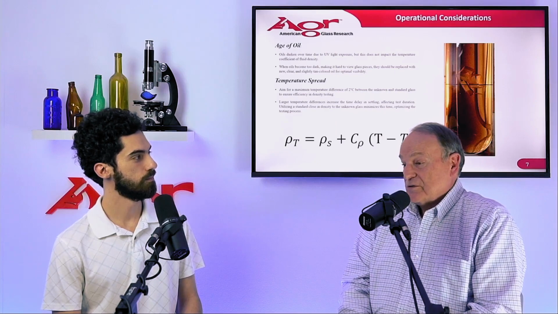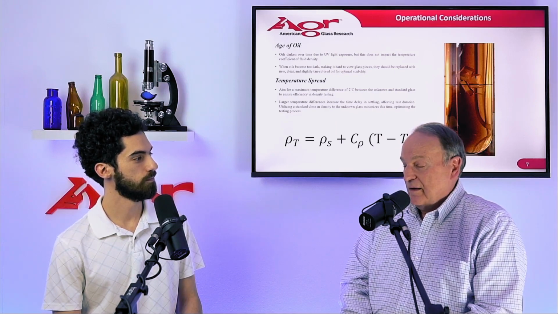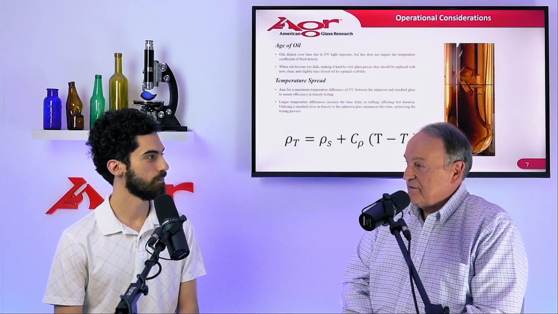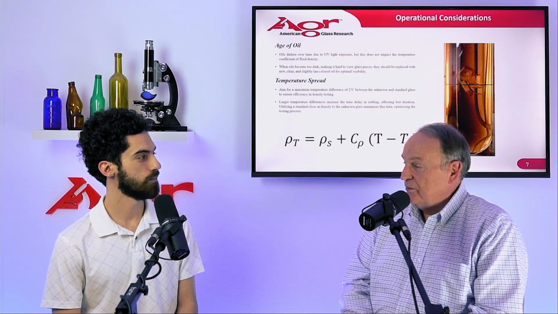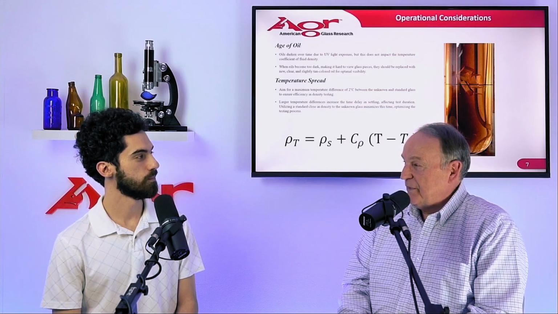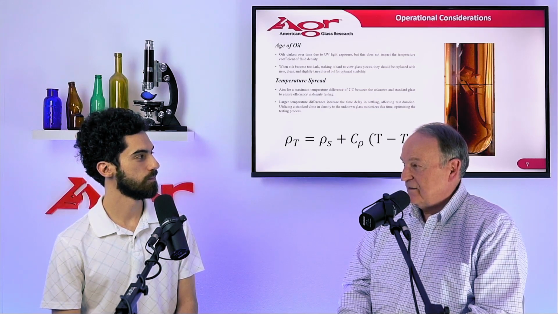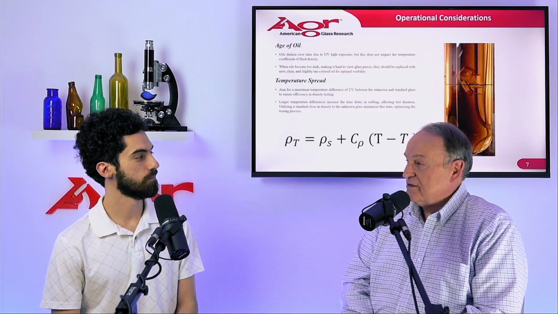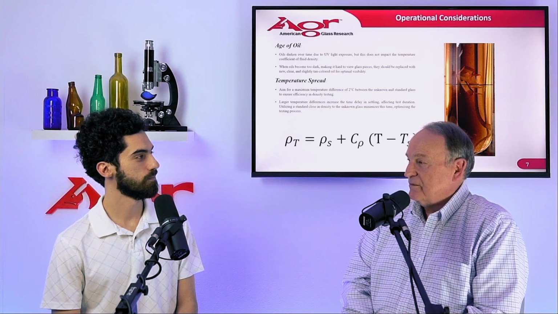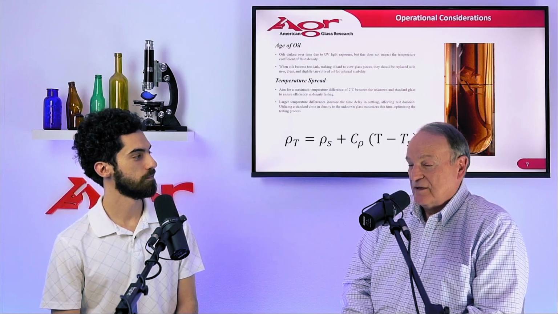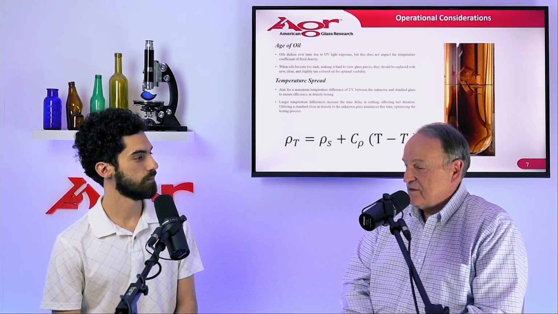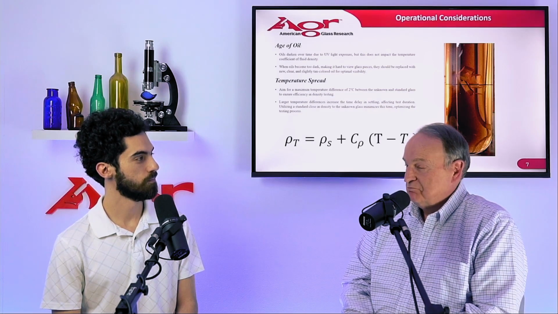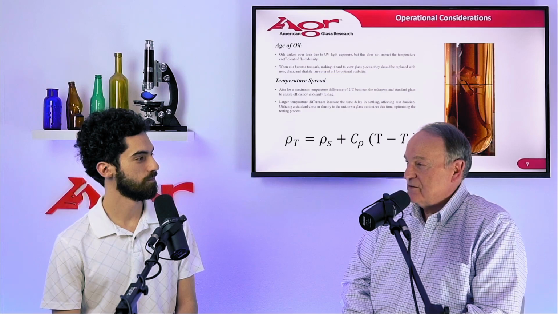Then all you want to do is measure that temperature difference, and you multiply that by this coefficient, either add it or subtract it to the density of the unknown or the standard, depending on whether the pieces fall first or second, and you calculate the density of your unknown glass, your production glass. Very, very simple. And as long as you take into consideration these factors that we talked about, you can depend on these values and you can make sure that your composition is what you want it to be.